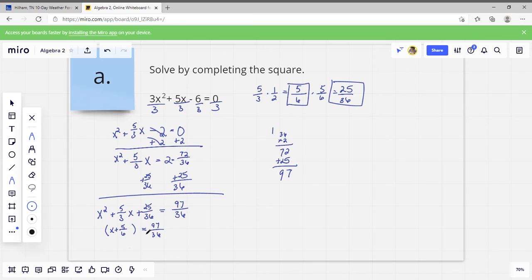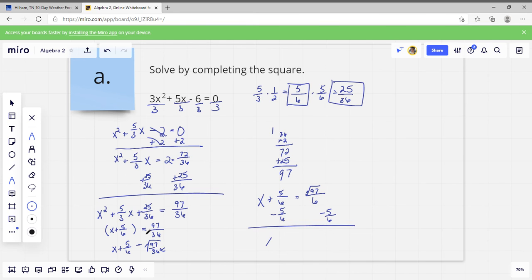And then we just square root those, so we get x plus 5/6 equals square root of 97 over 36. And I'm going to rewrite that over here. So x plus 5 over 6 equals the square root of 97 over, and I know the square root of 36 right there is 6. All right, now I just got to get rid of this 5/6.